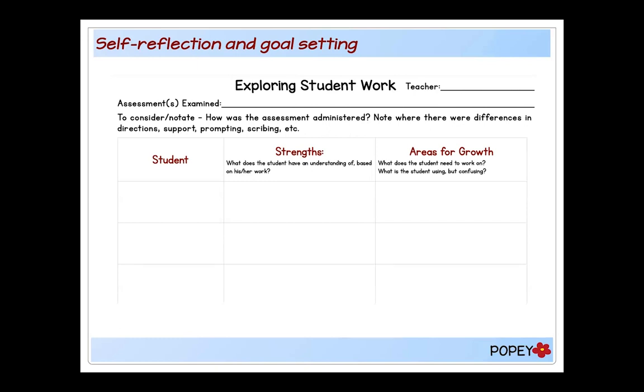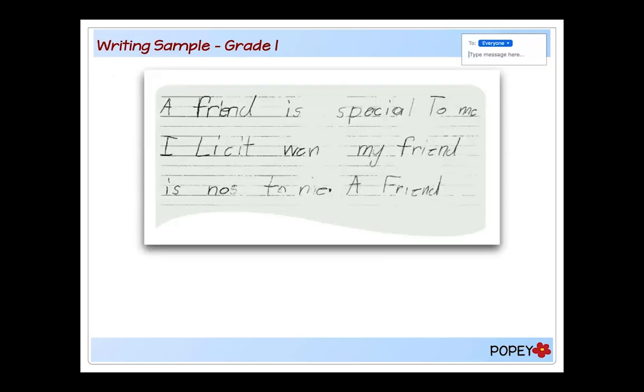And with that point of reference, it is a very concrete example rather than us having an abstract idea about self-reflection and goal setting, giving them something very tangible to hold on to and refer to. And this is on our website as well.